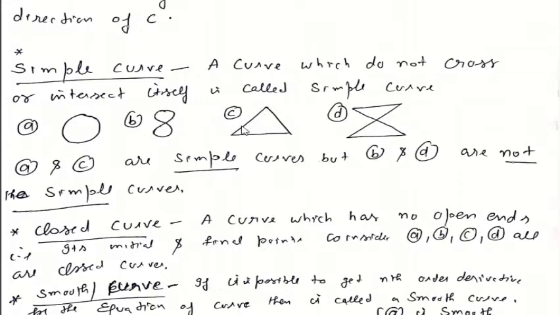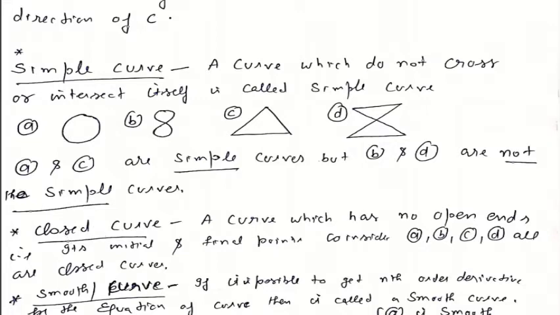It is again not intersecting itself anywhere, so it is a simple curve, and again this is intersecting at this point, so it is not a simple curve. So the curve which does not intersect itself is called the simple curve.